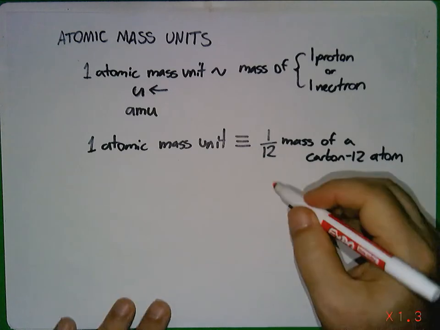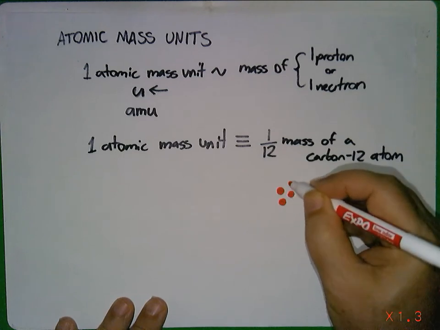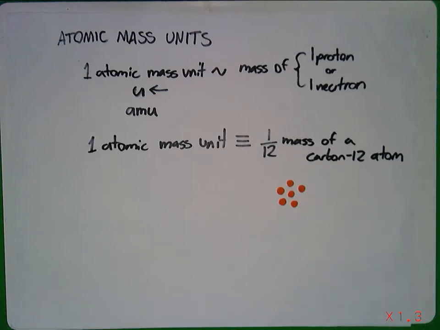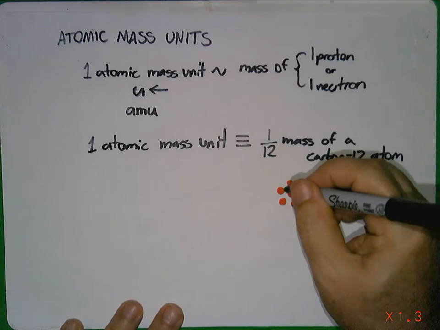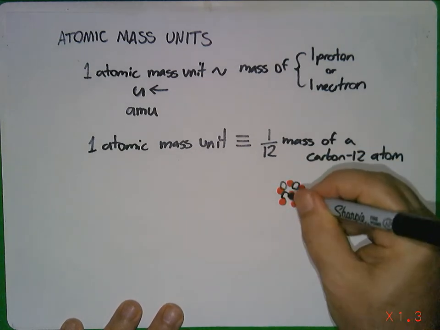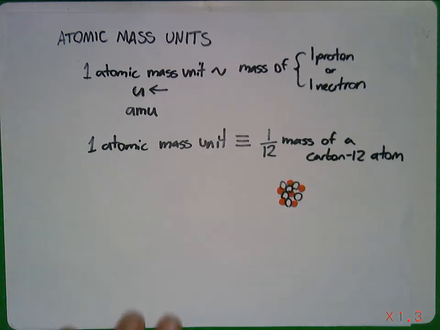Let's draw them as little red circles. And there are 6 neutrons. Let's draw them as little open circles. So the nucleus of a carbon-12 atom looks something like this.